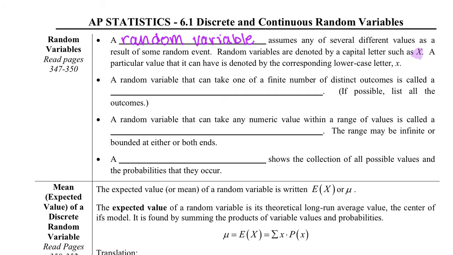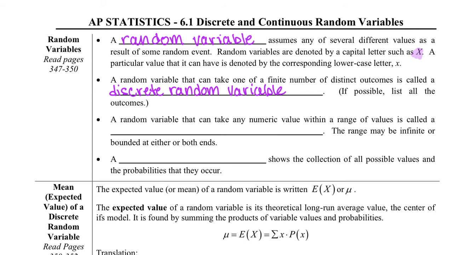Next, a random variable that can take one of a finite number of distinct outcomes is called a discrete random variable. So we're going to learn about discrete and continuous. A discrete random variable would be like the possibilities on a die.